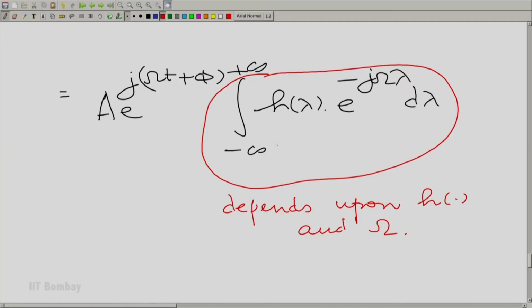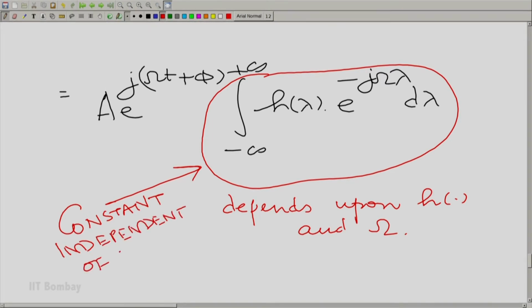Now, note here, look at this expression. This expression is a constant independent of time, and the constant depends on the system, namely its impulse response, and of course the frequency or the angular velocity of rotation, omega.